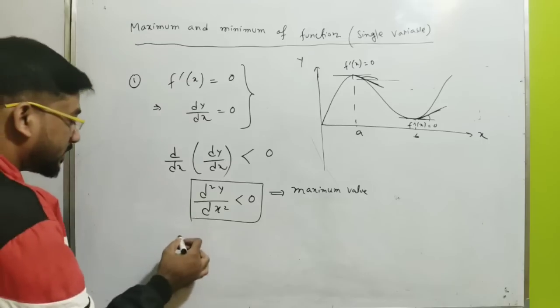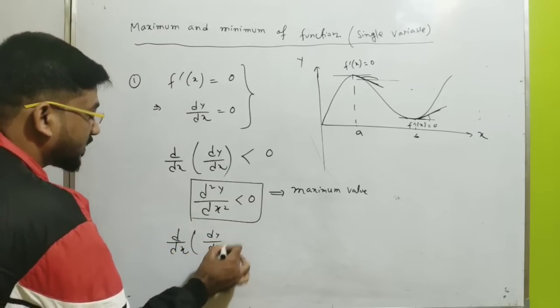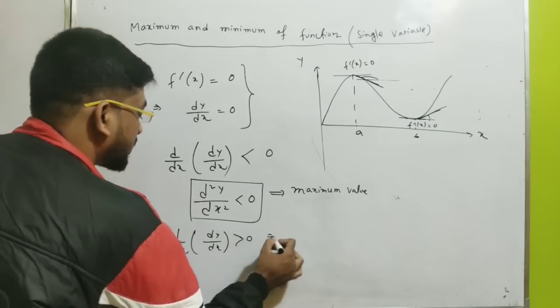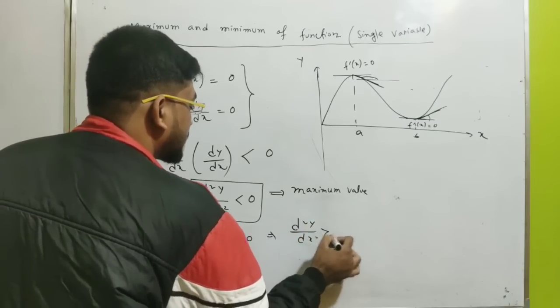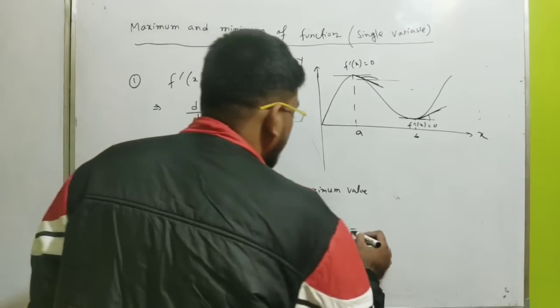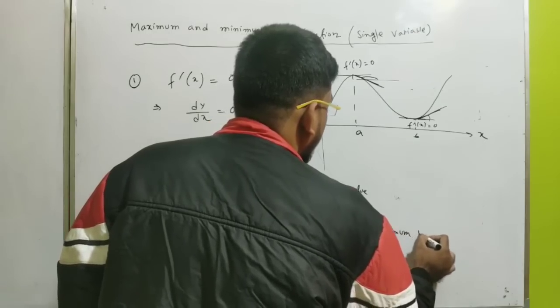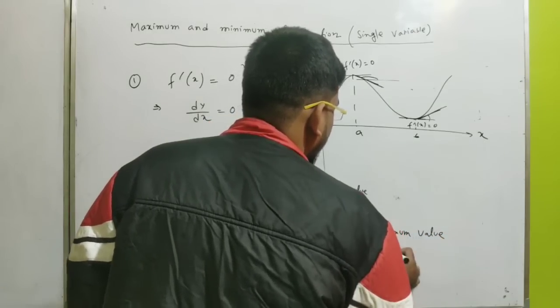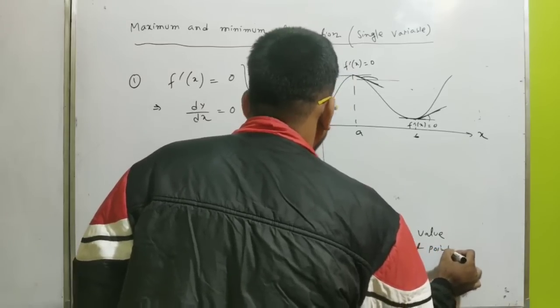So if d/dx of dy/dx is greater than 0, that means d2y/dx2 is greater than 0, then you can say the function has a minimum value at that point.